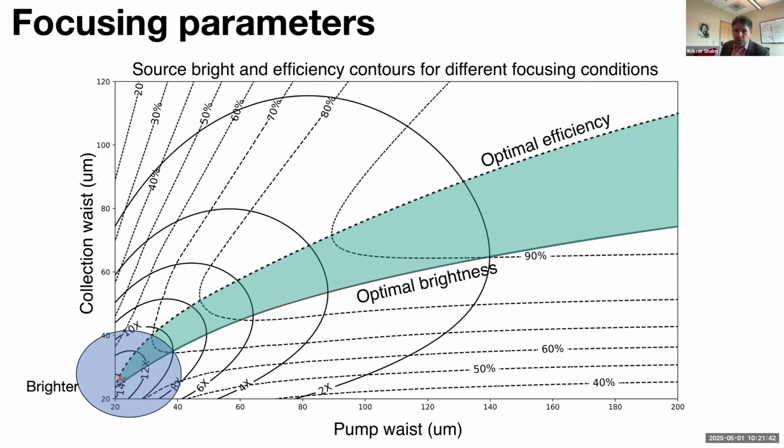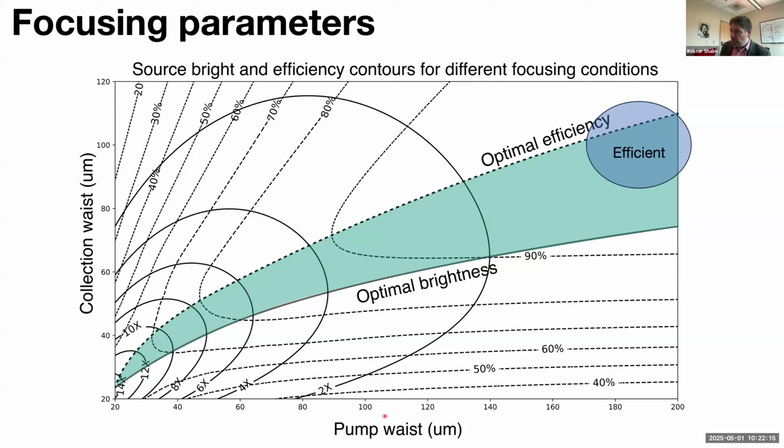But your efficiencies might be like in the 30–40% range, your heralding efficiencies. Whereas you can be much less bright up here, but your optimal efficiency might be higher. You might get like 97–98% overlap with a single mode fiber from what comes out of the down conversion. And so there's this trade-off.